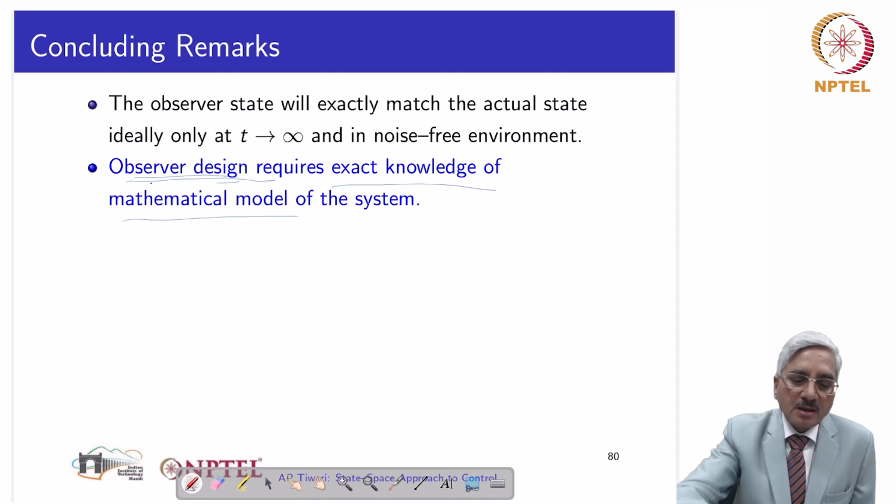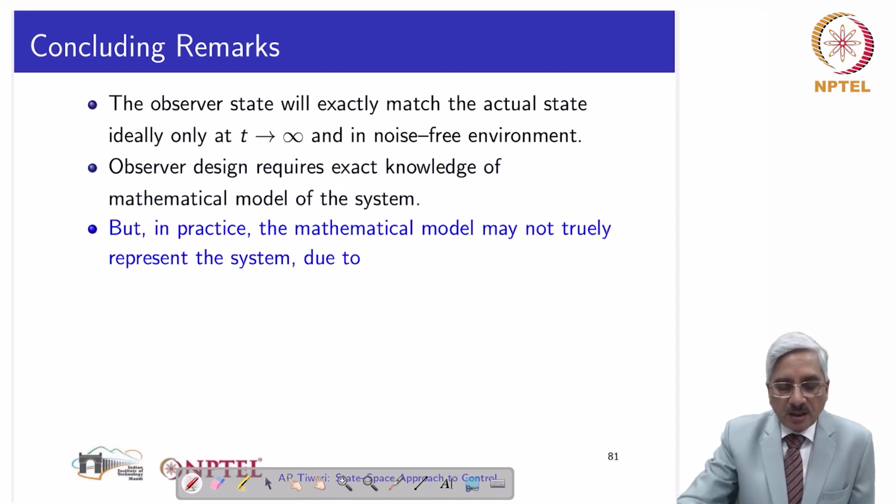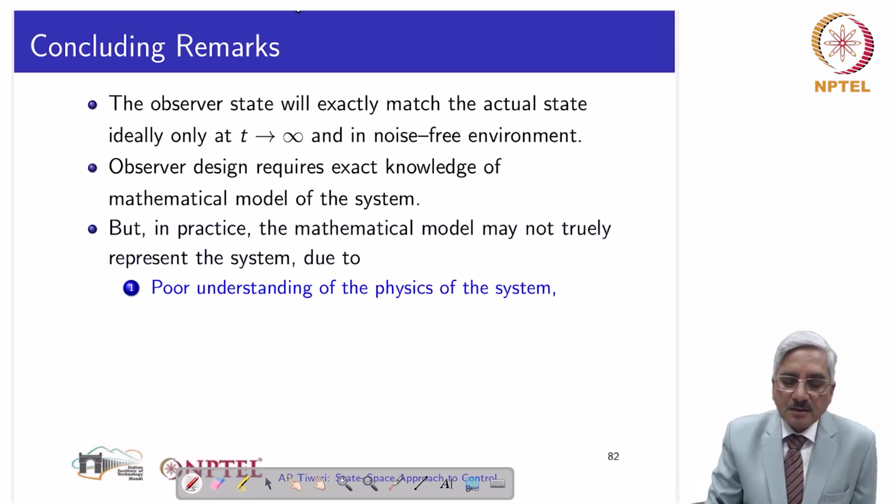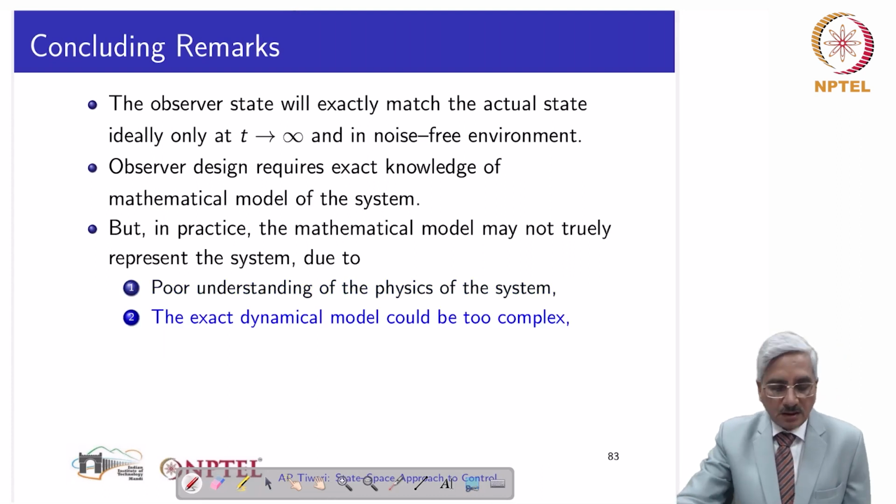If the model is not known, because in practice it may not be the case due to a few factors. One is that physics of the system may not be fully understood. It may be only understood with some limitations. There could be poor understanding of the physics of the system.